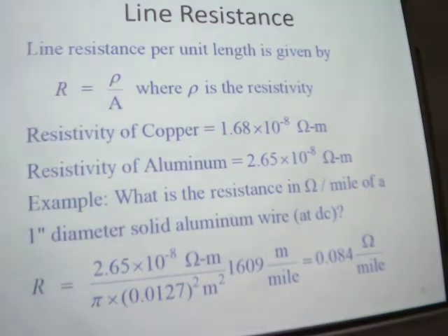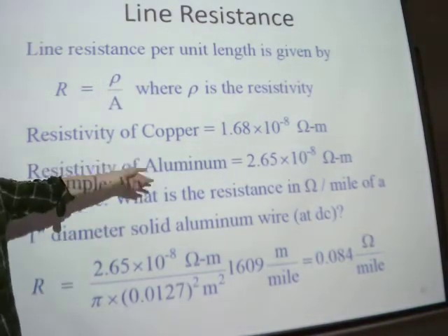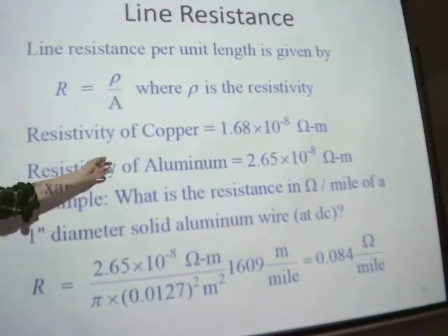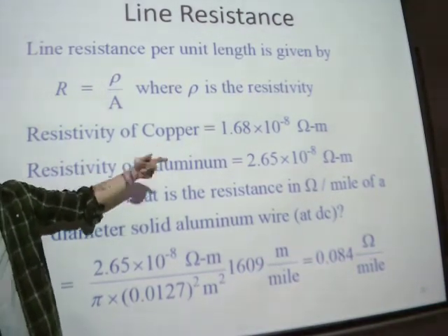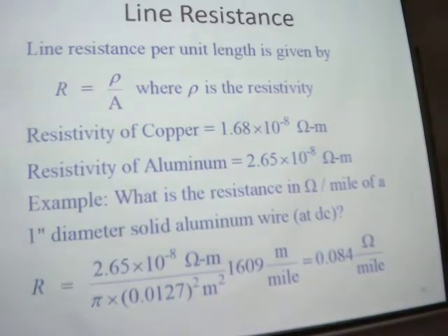Although it's cheaper than gold, it's much more expensive than steel. So most of the lines in our country use copper. This is one example. You can see the resistance is very easy to calculate.